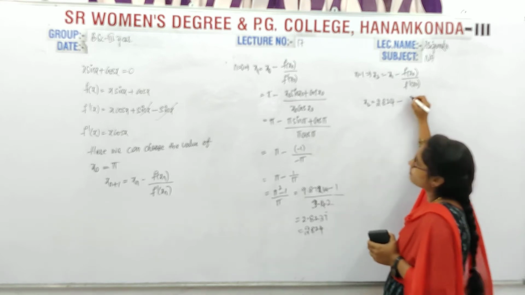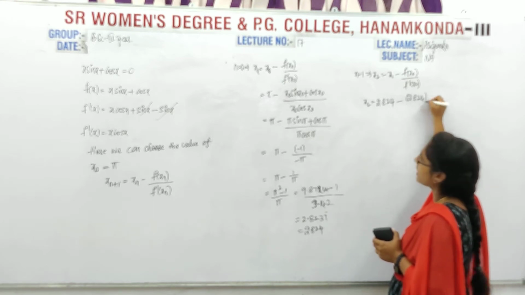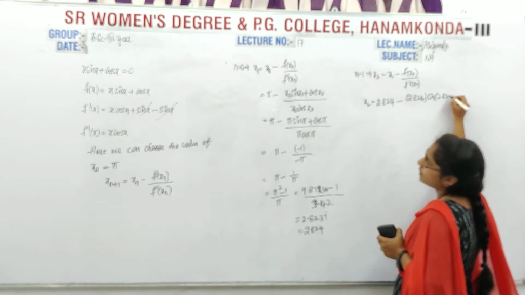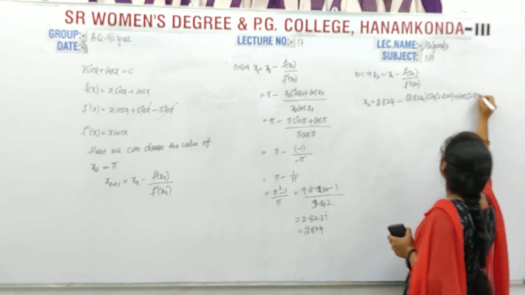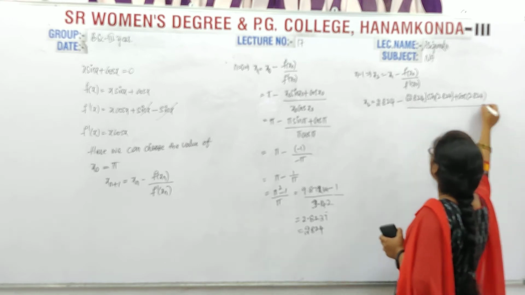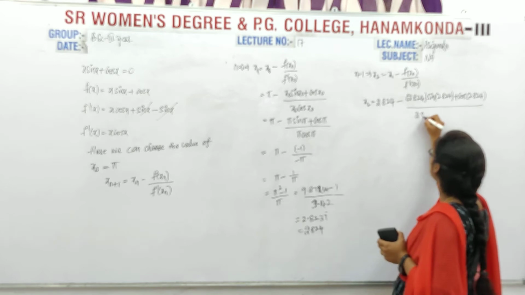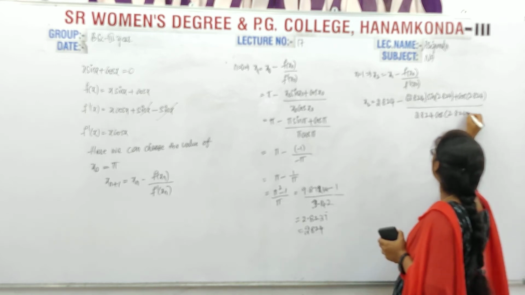Now minus f of x0, means x is 2.824. Directly I am substituting the values. Sin of 2.824 plus cos of 2.824, whole divided by x. X is 2.824 into cos of 2.824.